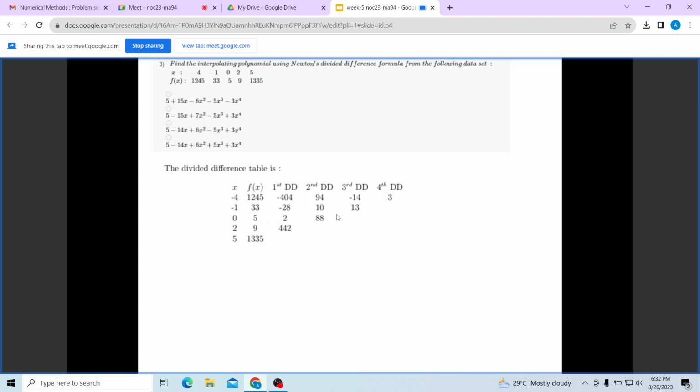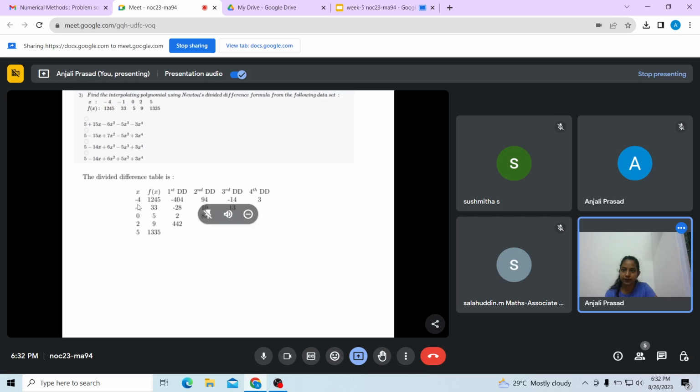First you have to calculate the divided difference table as we did in the previous question. So here also just arrange all the data points. The first column will include all the x values, that is minus 4, minus 1, 0, 2 and 5.